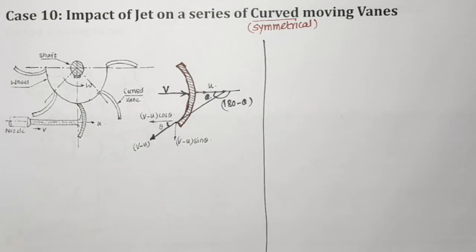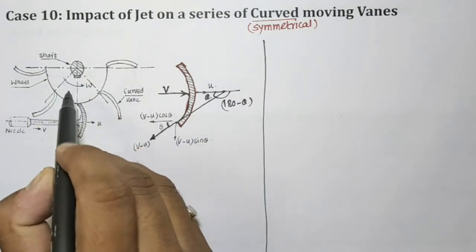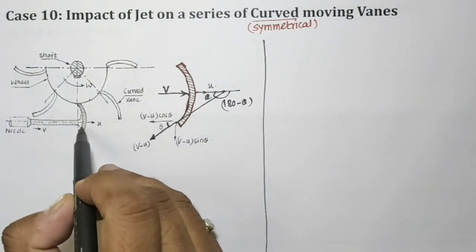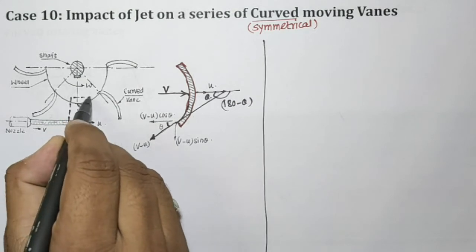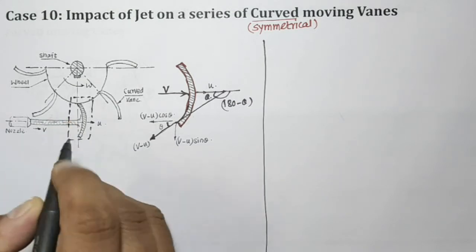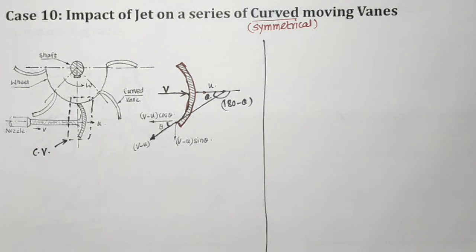Here we have a wheel, and on this wheel these vanes are attached. Here we have a control volume where energy transmission will occur.